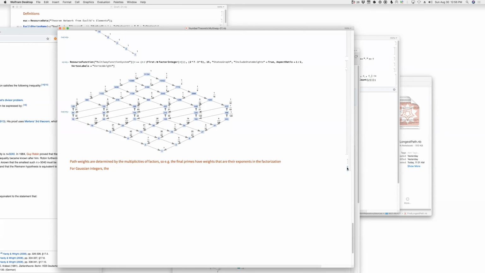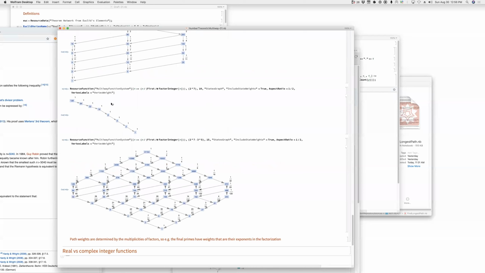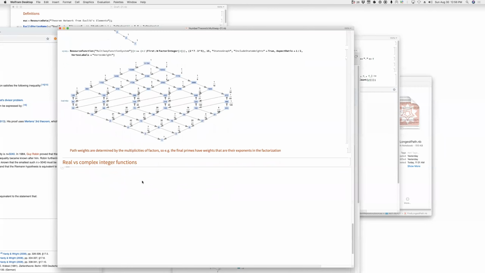Yes. Okay, so hold on a second. We're considering real versus complex integer functions. Okay, so now I see where this is going. I just want to understand it more explicitly. So what you're saying is, if I were to just take a straightforward iterated function, let's say I'm just doing 2n plus 1 or some such thing. There's no variations here.